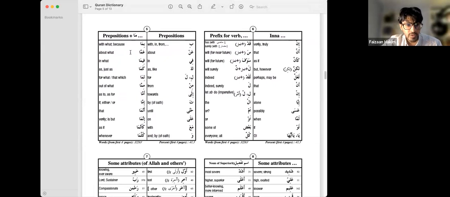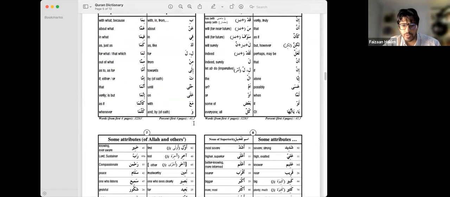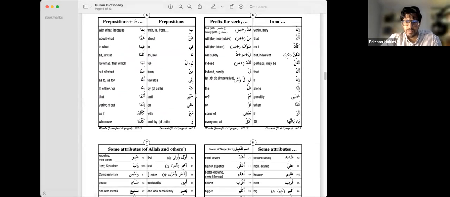The most important ones are compounds you just need: prepositions plus ma. Just focus on this. Learn these ones over here: bi, an, fi, ka, li, min, ila, hatta, ala, ma'a. The oath ones, wa and ta, are slightly rarer. They're not that common, so focus on the rest.